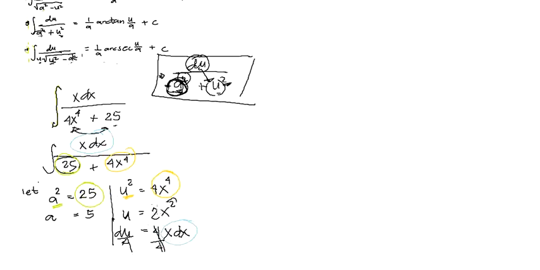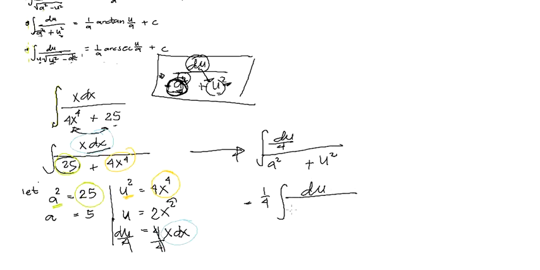Okay, now we can substitute the values. So what we have here is the integral of x dx, which is equal to du all over 4, all over 25, which is a squared, plus 4x to the 4th, which is u squared. And then simplifying further, we have 1/4 integral of du all over a squared plus u squared.